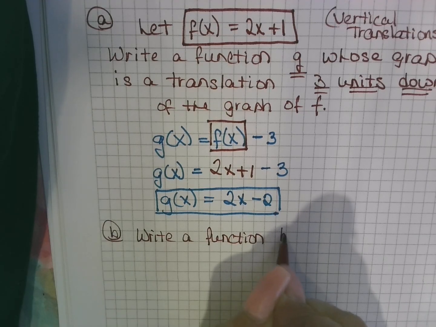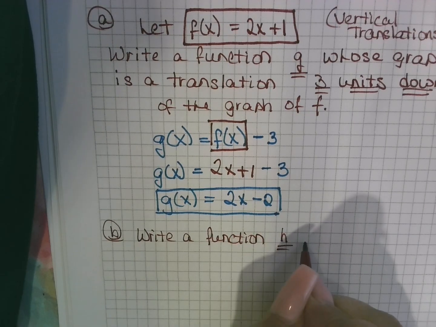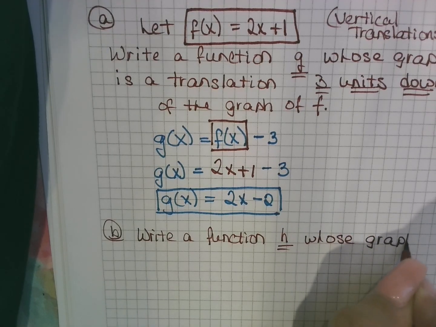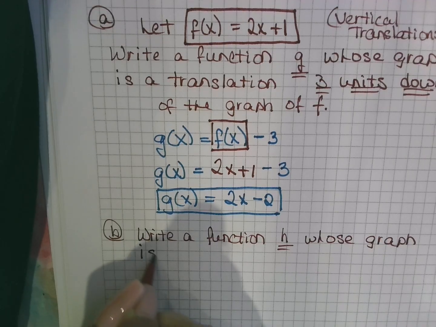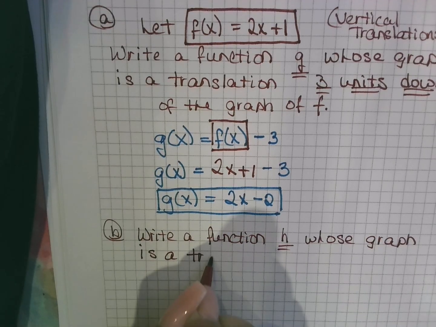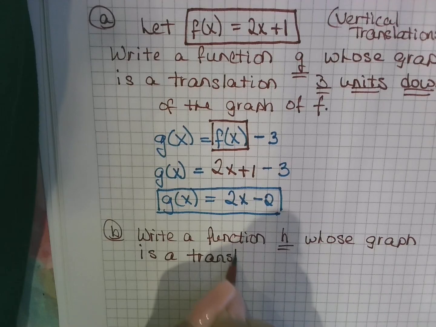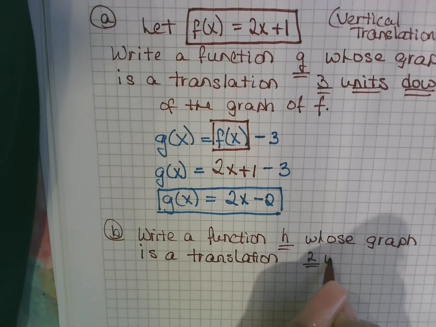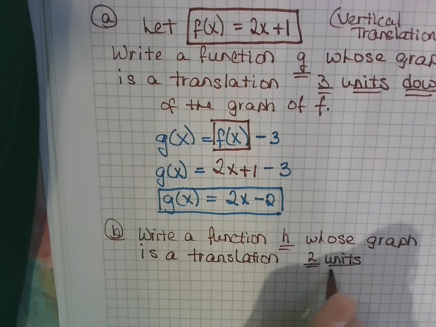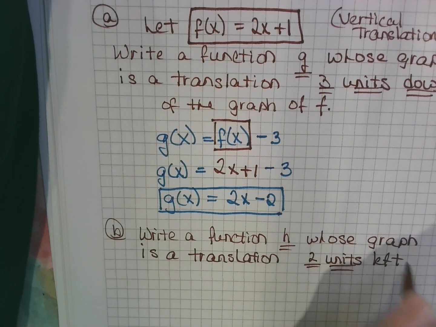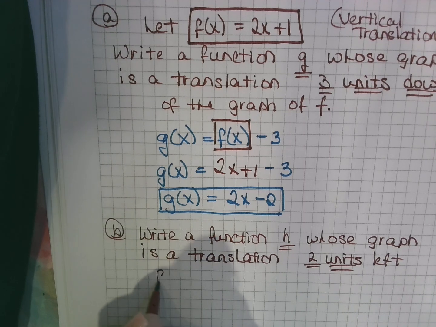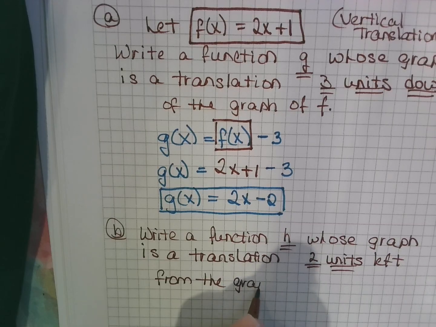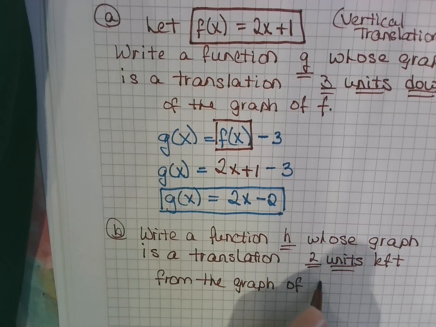In this case, we want the function's name to be h, whose graph is a translation 2 units left from the graph of f.